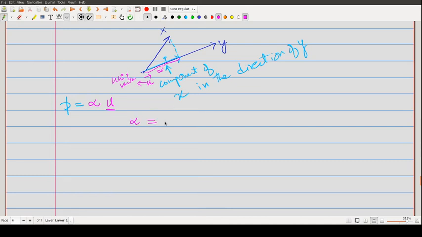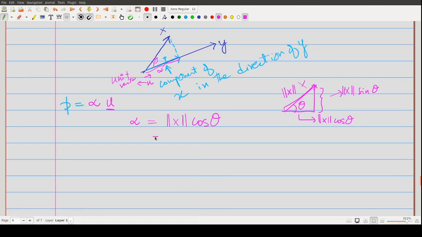Alpha is simply you take the magnitude of x and you multiply it by cos theta. This is nothing but basic trigonometry. If this is your vector x with length magnitude of x, and this is the angle theta between them, then this length is x cos theta, and this length is x sine theta. I am interested in the horizontal part, so alpha equals x cos theta.